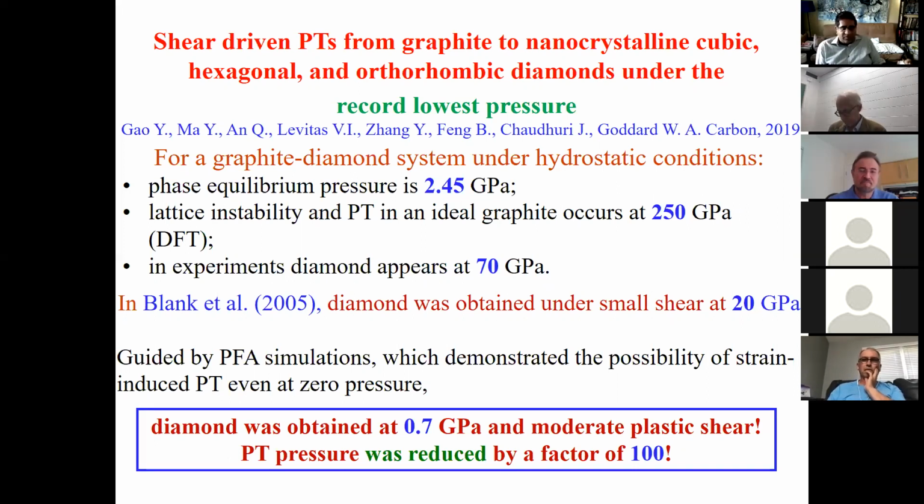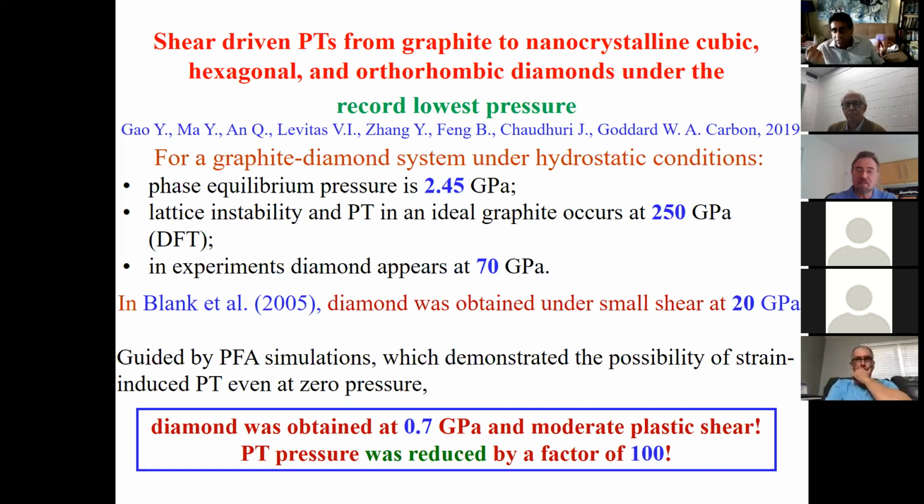Well, assumptions were in theory. This is an experimental result, so there are no assumptions. You compress, measure pressure, produce shear, measure pressure, and then you already detect diamond in situ. Actually, it was also hexagonal diamond, even at 0.4 GPa, but it was not quenchable.